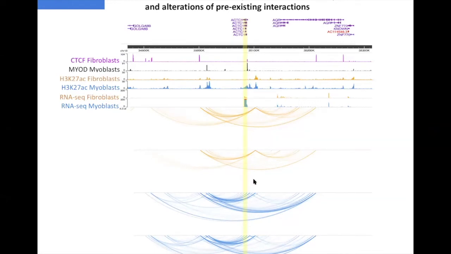And this event is sufficient to instigate a huge number of interactions, especially with other MyoD-bound distal regulatory elements, which become also hyperacetylated. So this is a typical simultaneous disengagement of previous interactions, as you can see here, and refocus on MyoD-binding chromatin elements that get hyperacetylated and establish promoter-enhancer interactions.